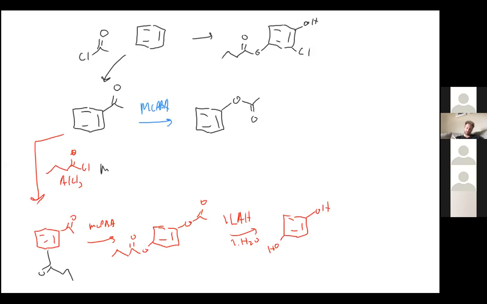We can now reduce with LAH. This lets me generate my alcohol. It's a group 1. It's going to be an ortho-para director. At this point, I could form my other ketone without any issues. So adding into solution. I'm going to erase some of this red pathway.